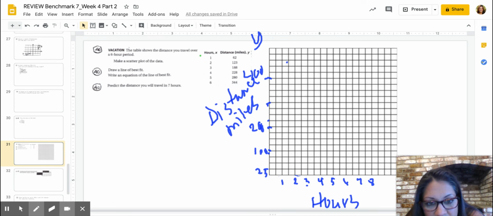So right about here, because I know 2 units up, it's going to be 53 is 75. So it's right in there. In 2 hours, I went 123.